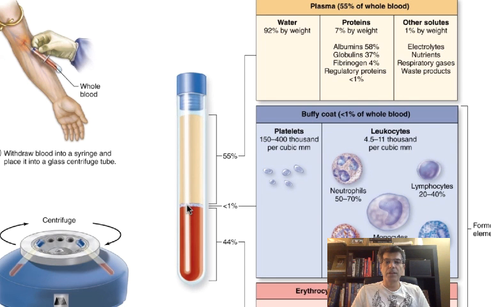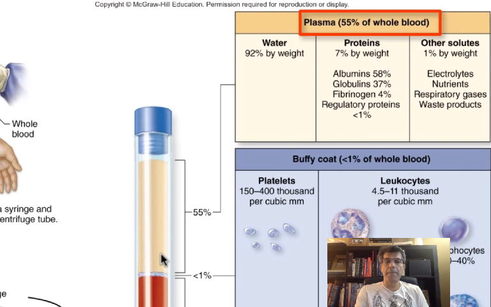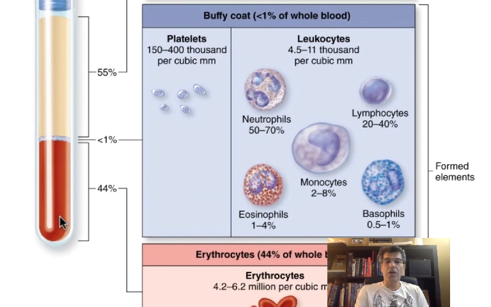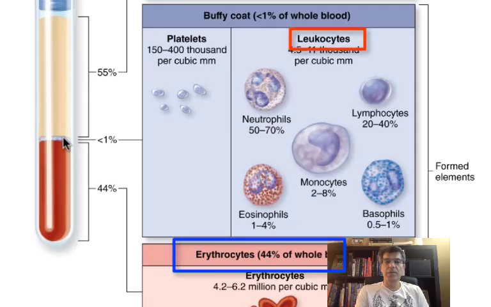Therefore, we say blood is composed of the fluid part, which is called plasma, and other elements we call formed elements, and is composed of red blood cells, white blood cells, and platelets.